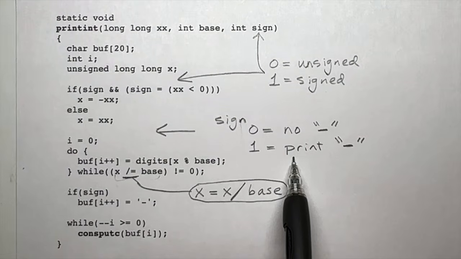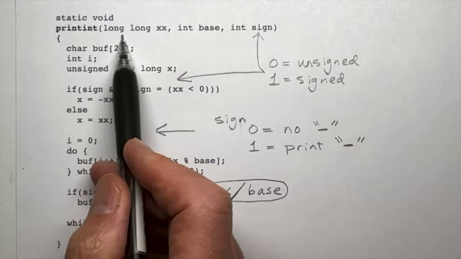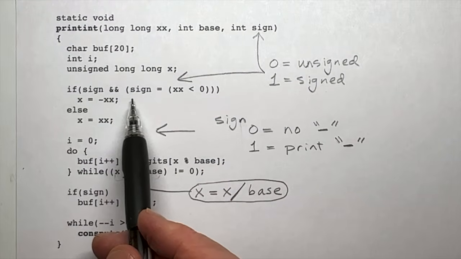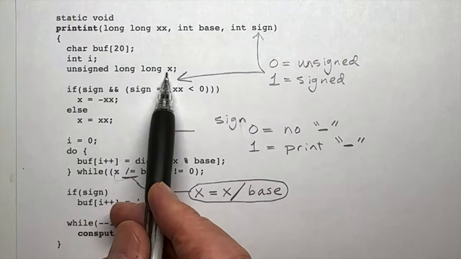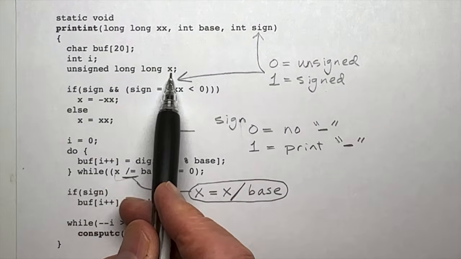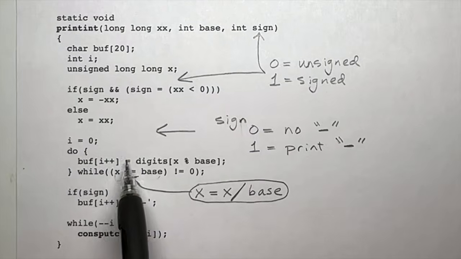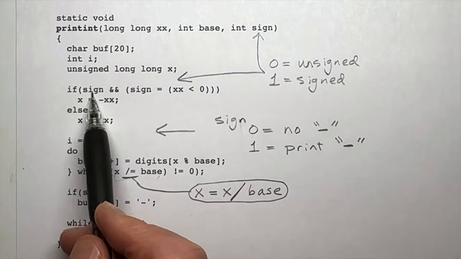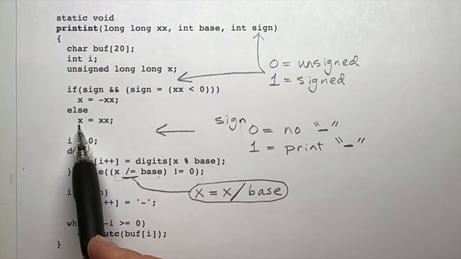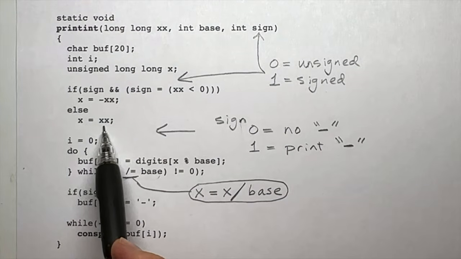Also, the value passed in is initially interpreted as signed. Here we copy the number to x, which is an unsigned, that is, a positive value, and x is what we will actually be printing. So if sign comes in as false, we stop right there and immediately use, for x, whatever 64-bit value was passed in.